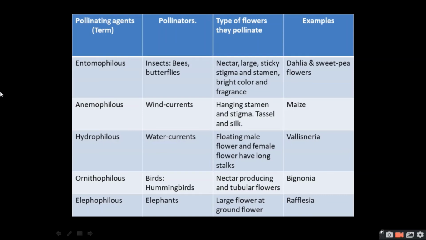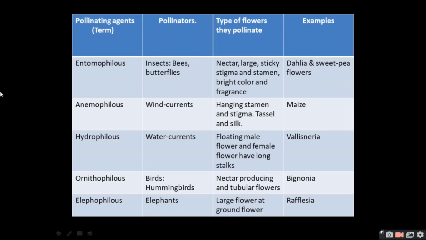In those tubular flowers, hummingbirds help in pollination, and the flowers should be nectar producing. So a hummingbird, in exchange for nectar, gives the pollen grains to these tubular flowers, and the example is bignonia.